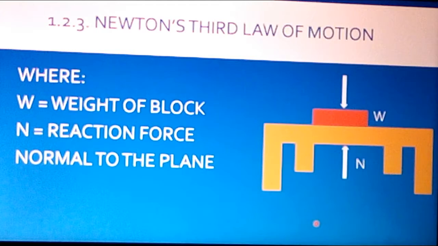This represents that for every force that we make, there is an equal and opposite reaction that we get from it.